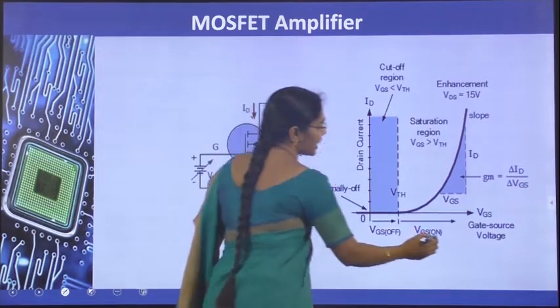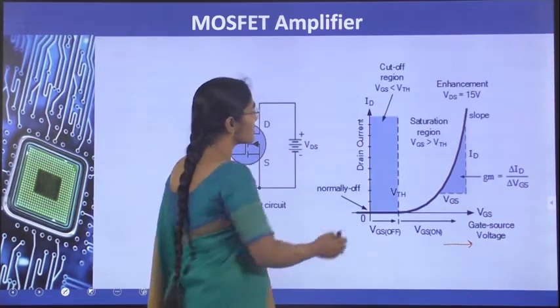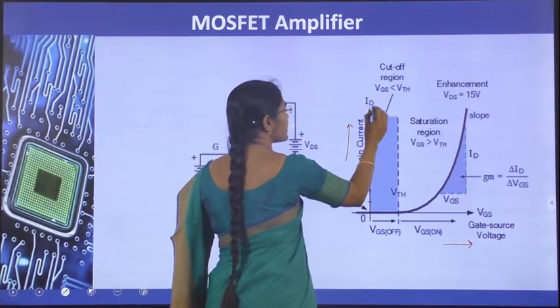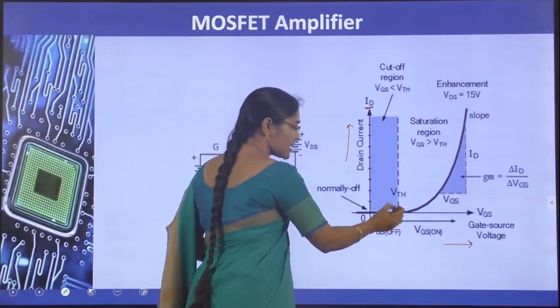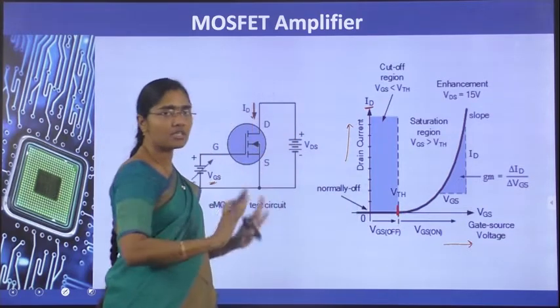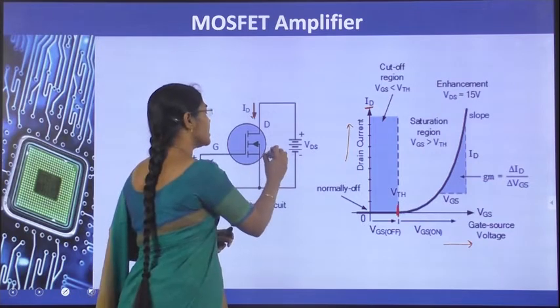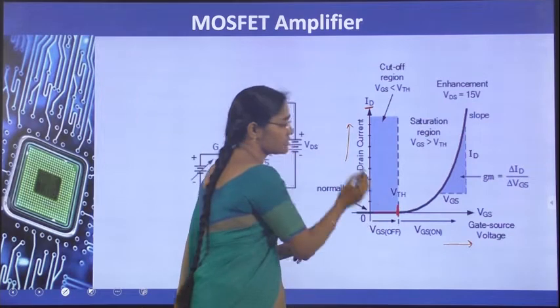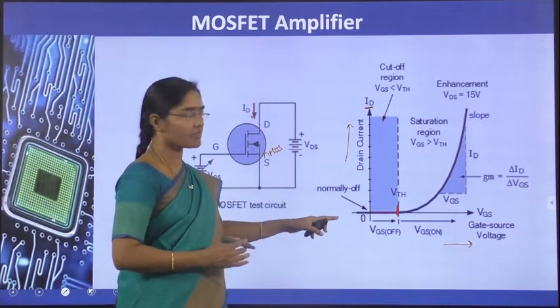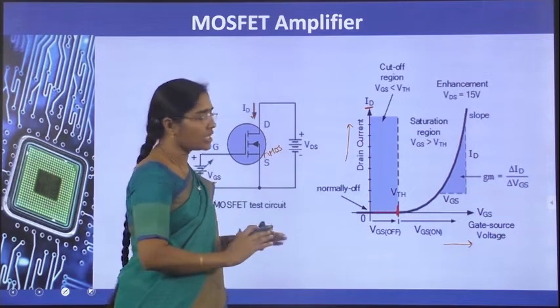Here the x-axis is the gate-source voltage VGS, the input voltage, and the y-axis represents ID. For a VGS less than VTH, the device is in the off condition. This is the NMOS transistor. So for VGS less than VTH, the device is in cutoff, therefore no current.